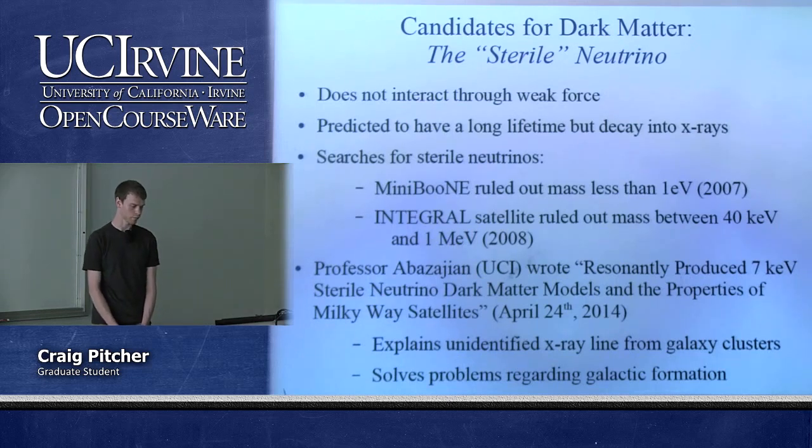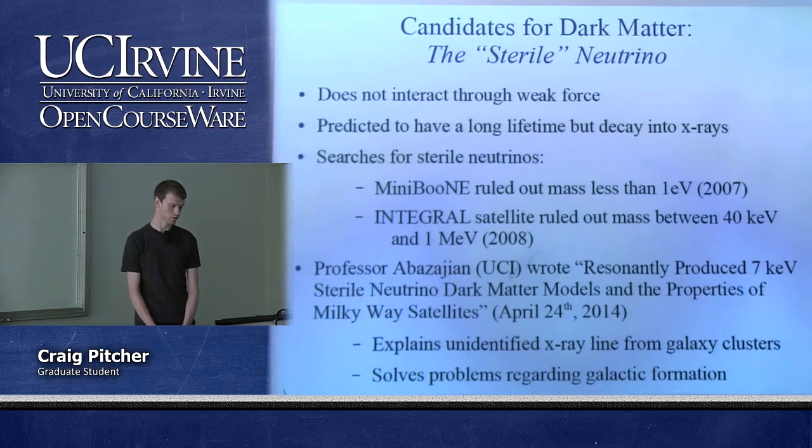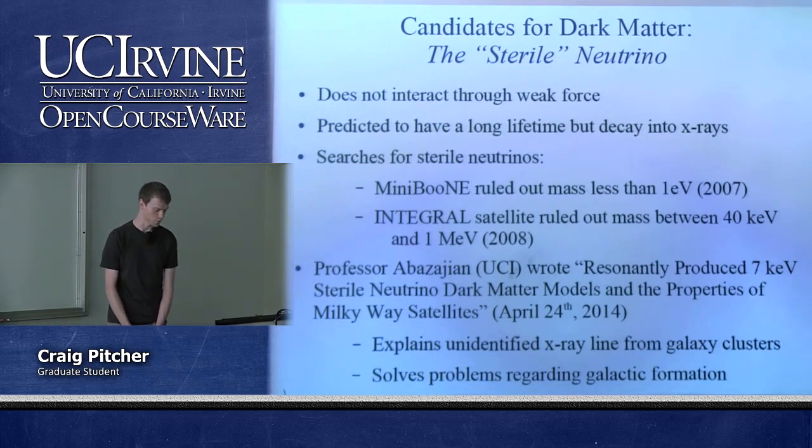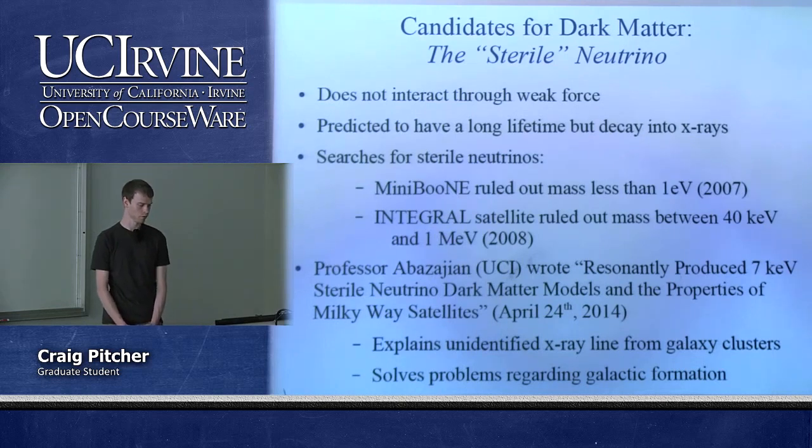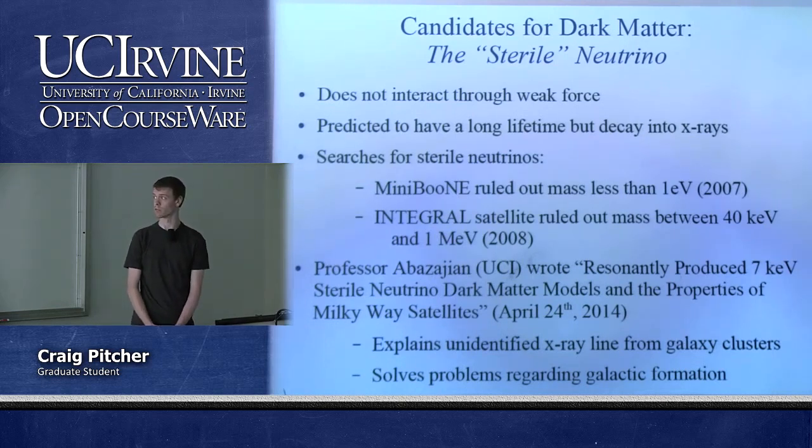There was recently a paper published by a professor here, titled Resonantly Produced 7 keV Sterile Neutrino Dark Matter Models. You should read that paper if you're interested. I'm not really going to go into details about it.